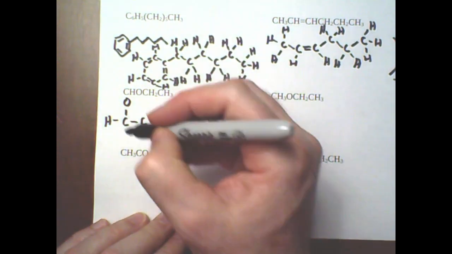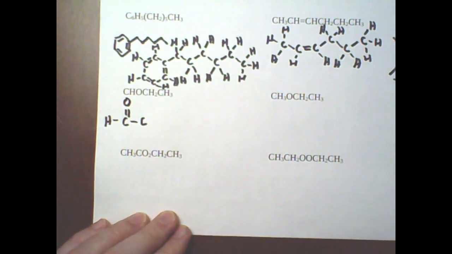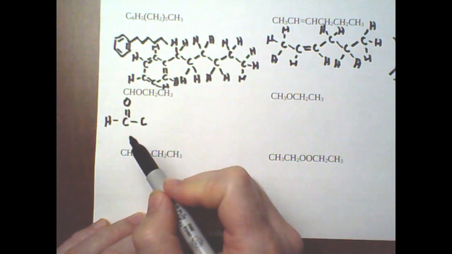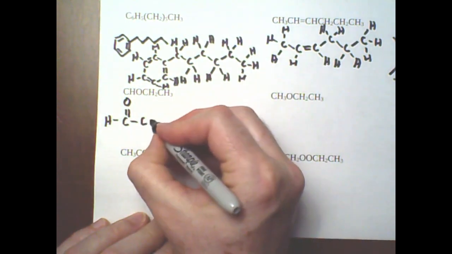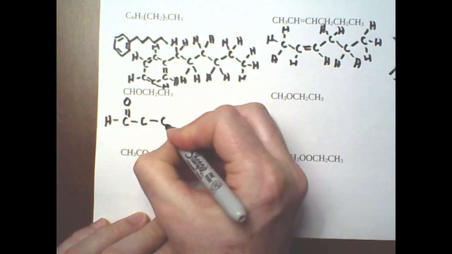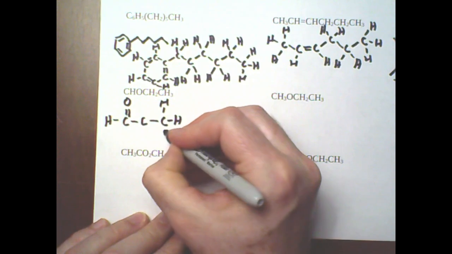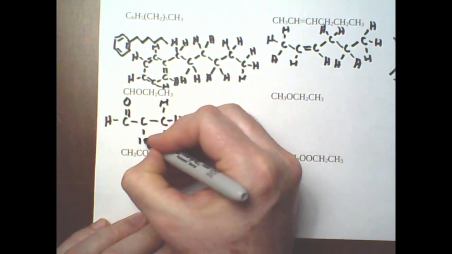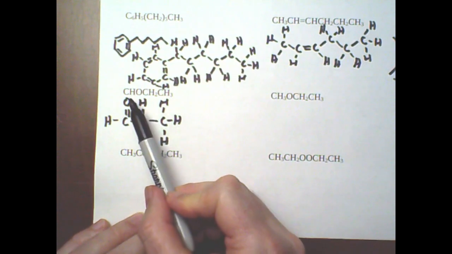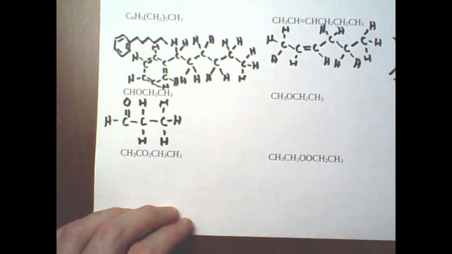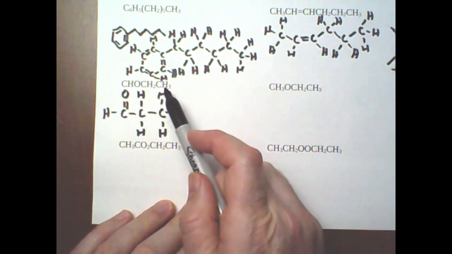O really wants 2 bonds, and it can make them in that carbonyl to the C. So this CHO tells you you've got an aldehyde group. Then we go to the third C and fill in the rest of the hydrogens. So CHO is something you can learn to look for. You can see how confusing it can be. This O is not actually in the line.